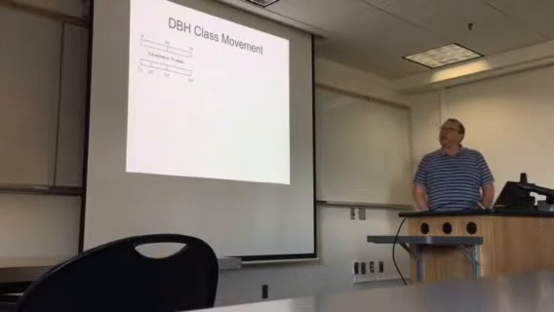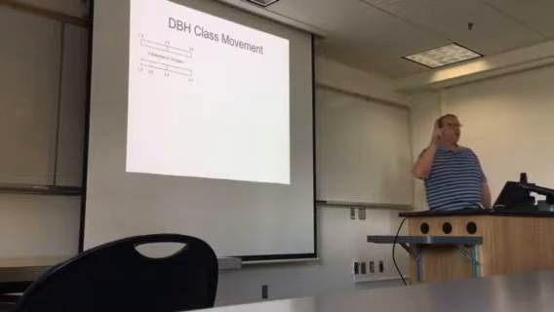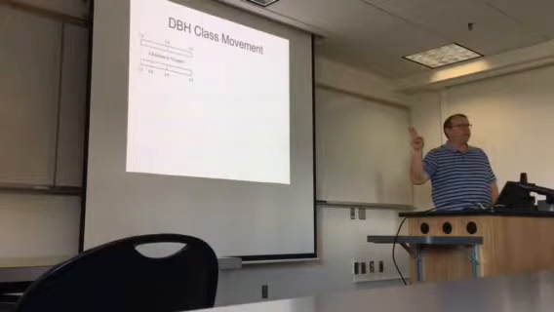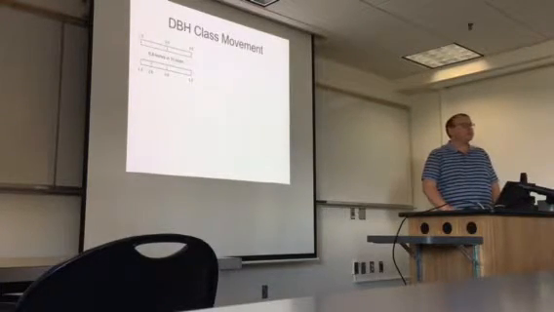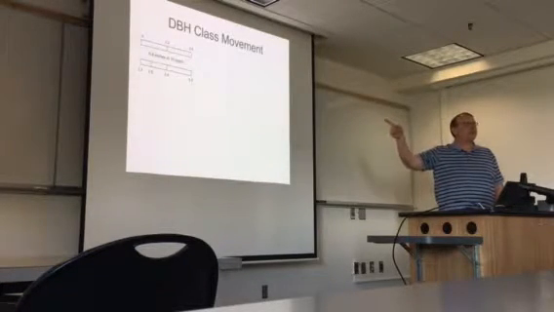So you can see here that 80% of the trees moved one class. 20% of the trees stayed put. Right? 2.3 to 2.5 is 20% of that width.